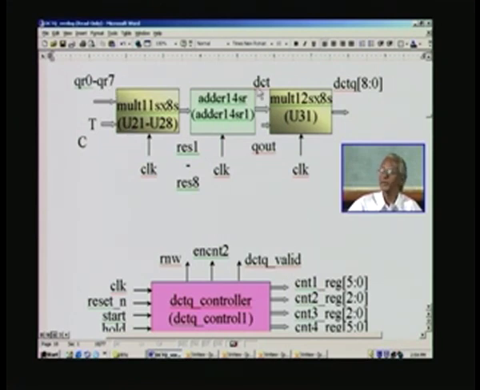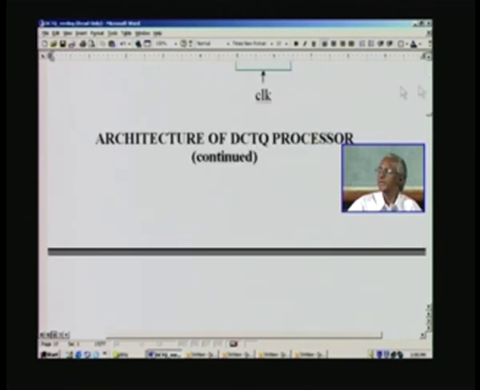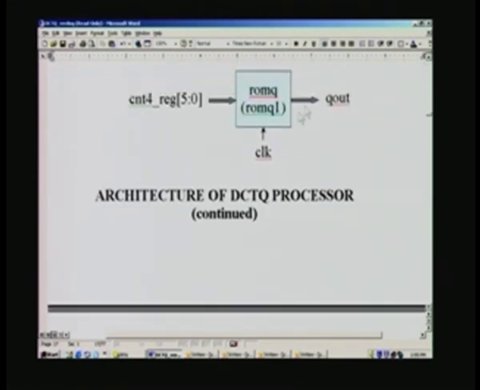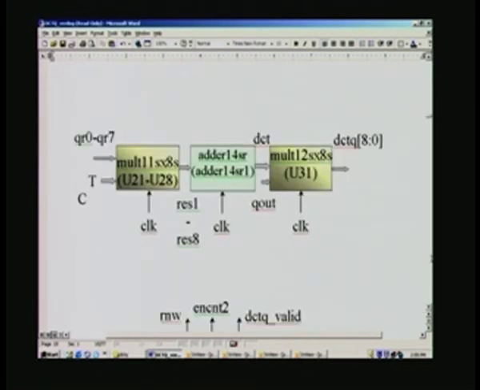If you add, what you get is the DCT here, and DCT precision is 12 bits, as per the standards, in signed 2's complement form, and Q out is that ROM Q table we have seen here. It gives the quantization value, which we need to input to the multiplier in order to get DCTQ.